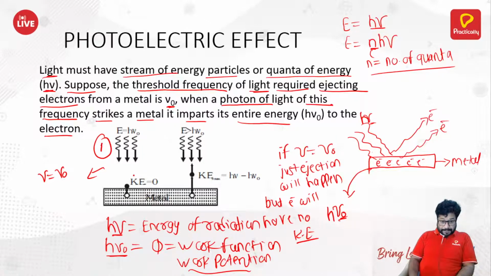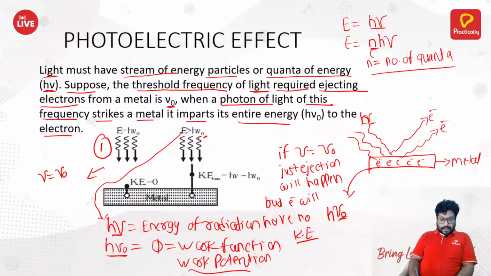But if whatever radiation you are falling here, that means E, this h nu, is having higher energy than h nu zero, then what will happen?